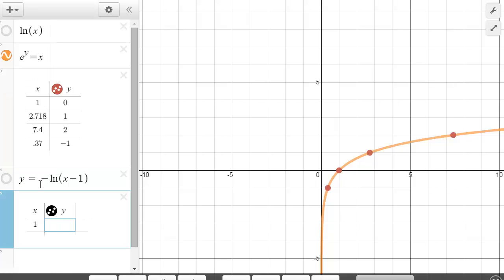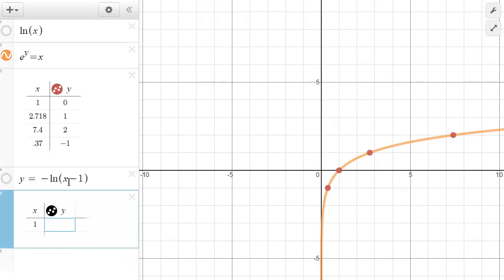And again, family of graph tells us that this guy is going to be shifted to the right one and reflected across the x-axis. So let's take those same values that we had for y and then think about what is going to happen with the values of x.